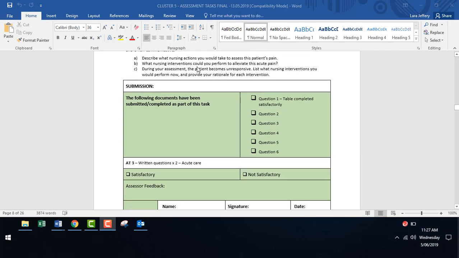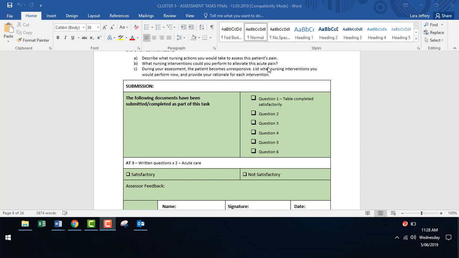What nursing interventions could you perform to alleviate this acute pain? Okay. So what would you do to alleviate a patient's pain? Okay, what actions would you take? Okay, what's the first thing you would do if you were able to assess their pain and then you needed to take the next step of doing something about it?